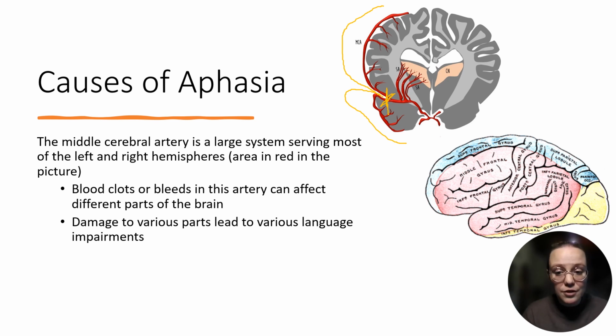Now, it doesn't always have to be a clot. It can also be a bleed, which I'll mention on the next slide. And they both cause considerable damage, and that depends on where the damage happens. So where the clot gets stuck or where the bleed occurs. Let me erase this one here.